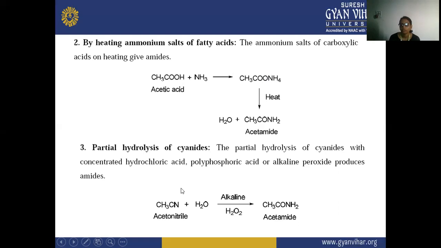Then the partial hydrolysis of cyanide. The partial hydrolysis of cyanide with concentrated hydrochloric acid, polyphosphoric acid, or alkaline peroxide produces amide. Here we are showing this example with the help of alkaline H2O2.